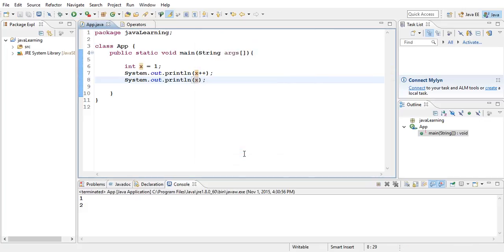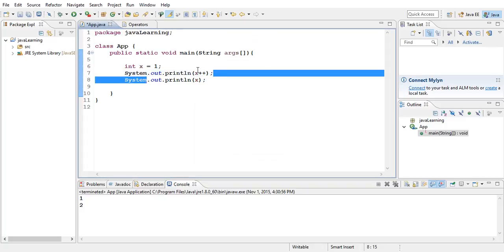So what is happening here is the value of x is firstly printed and then only it is increased by 1. This type of increment is also known as post-increment, and the other type is pre-increment. What it does is it increases the value of x by 1 and only then outputs it to the console. So these two are very different things, and you need to handle them very carefully.